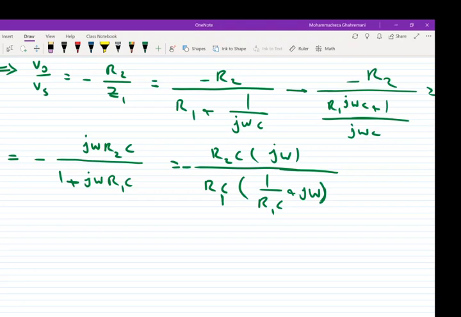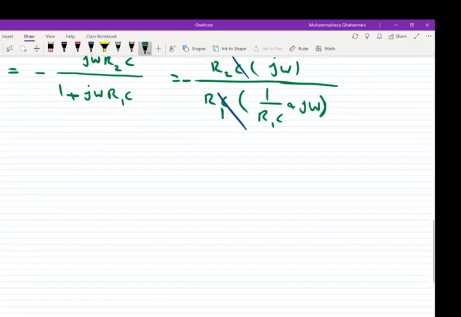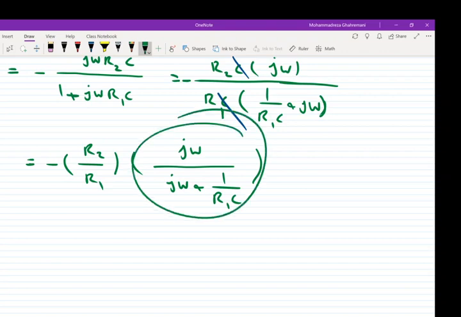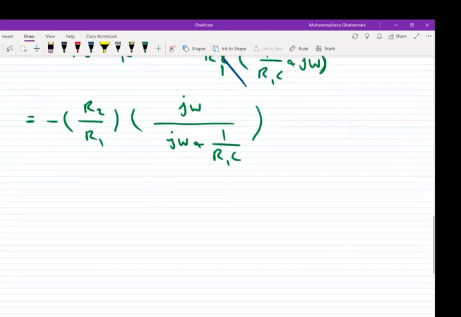So C will be cancelled by C. It's equal to negative R2 over R1 times j omega over j omega plus 1 over R1C. Why did we separate R2 over R1 from this fraction? Because R2 over R1 is a constant, not frequency dependent, but the second parenthesis is frequency dependent.